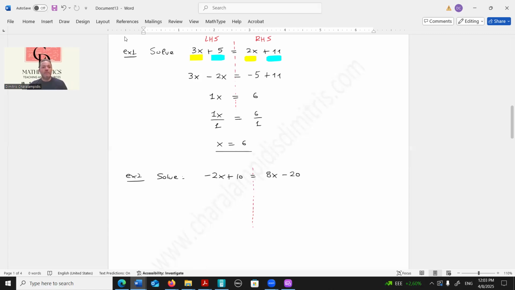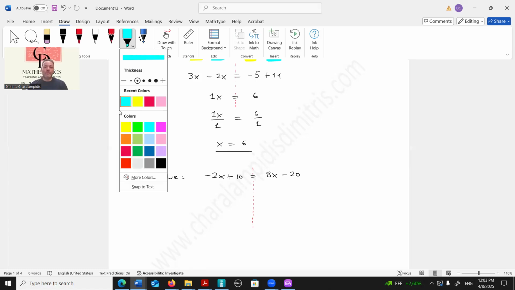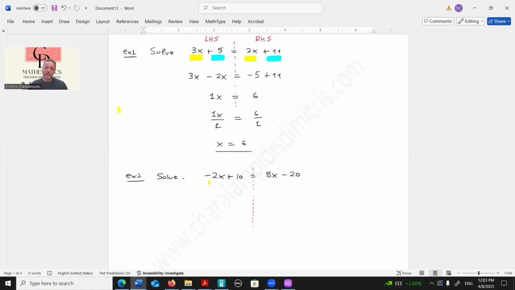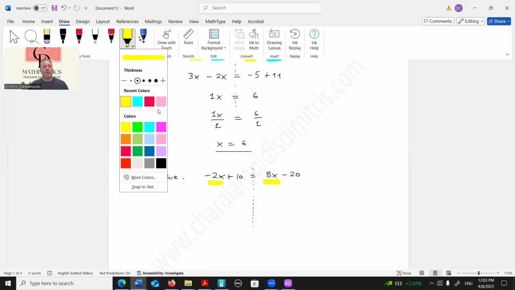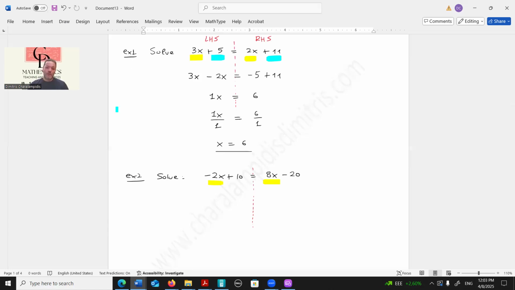Again, I need to bring all the variable parts, let me highlight them in yellow, to the left, and I need to bring all the constants, all numbers, to the right. I need to do what we call separating the knowns from the unknowns.